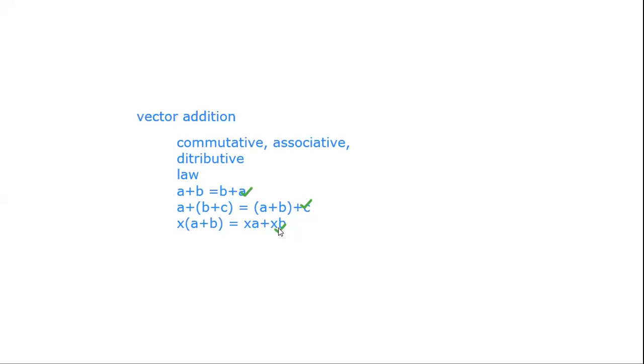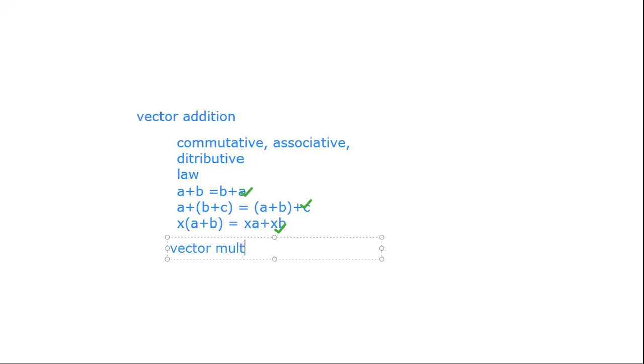Okay, similarly the next concept is called vector multiplication. Vector multiplication is the multiplication with vector components.